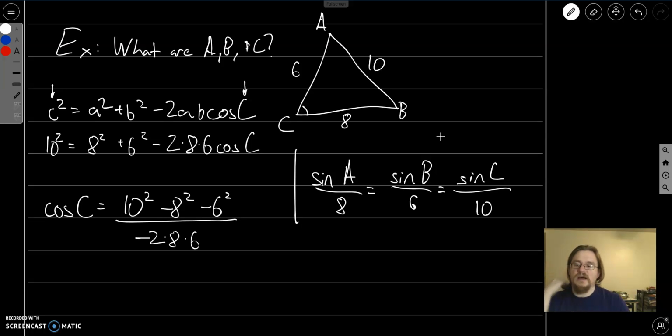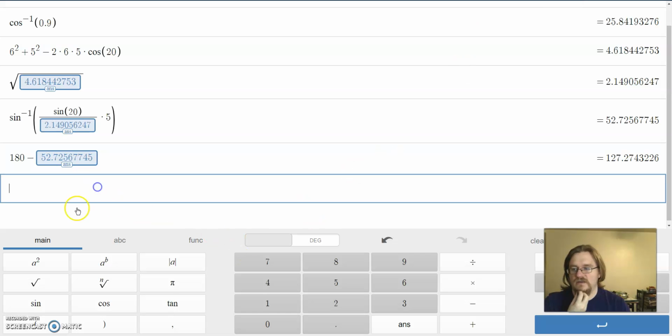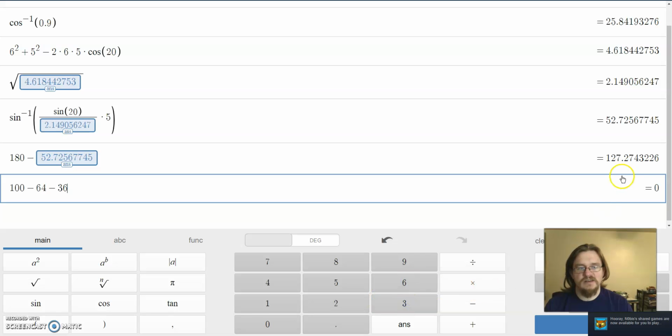So if I take the top, which is going to be 10 squared, which is 100, minus 8 squared, which is 64, minus 6 squared, which is 36, I in fact get 0.